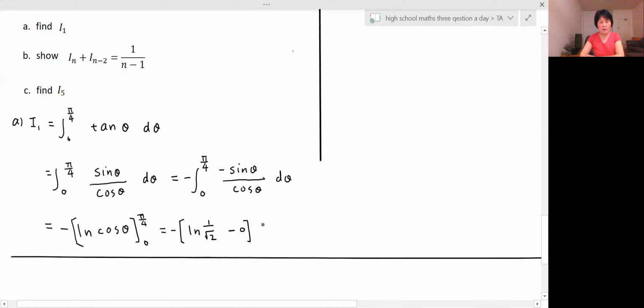Okay. And this one will be equal to minus log of 2 to the power minus half, because 1 on root 2 is equal to 2 to the power minus half.